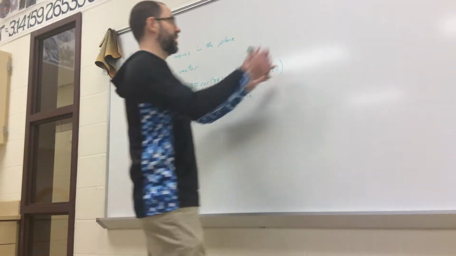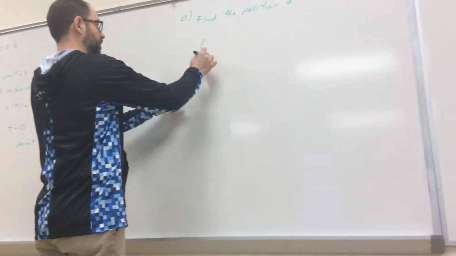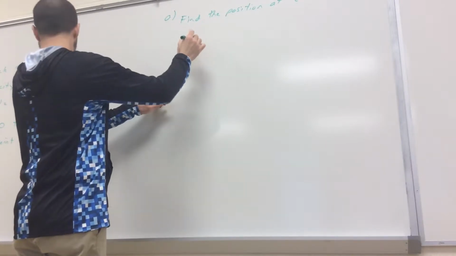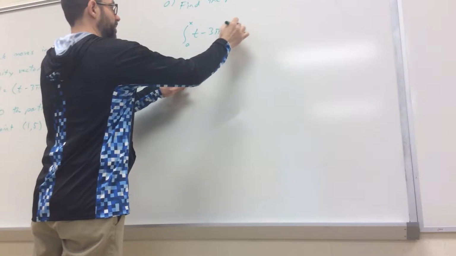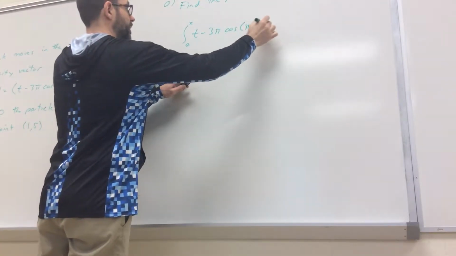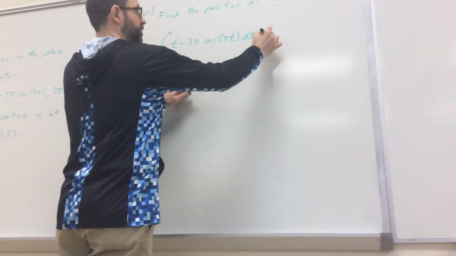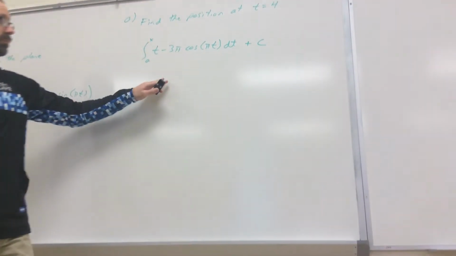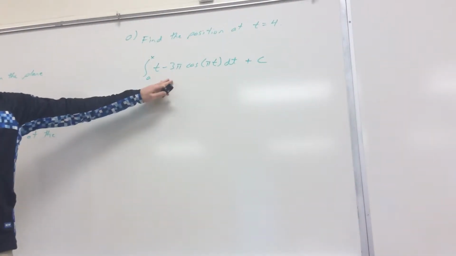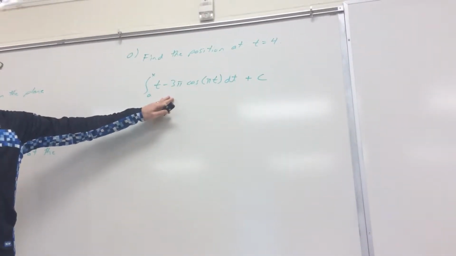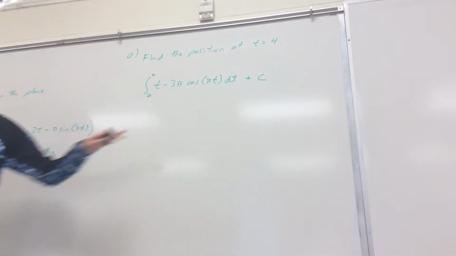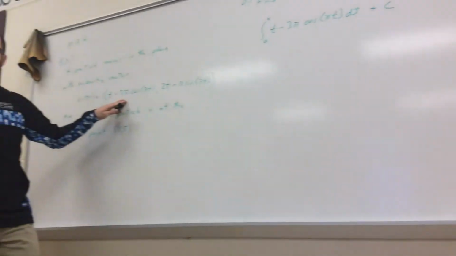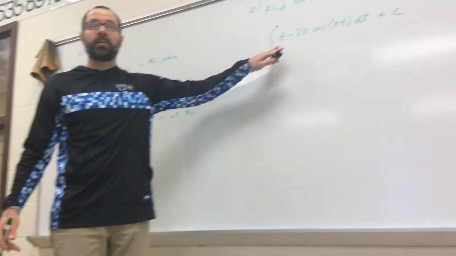Okay, so if I take the integral from a to x underneath t minus 3 pi cosine of pi t, so this is the antiderivative of the x velocity, meaning the x component of the velocity.